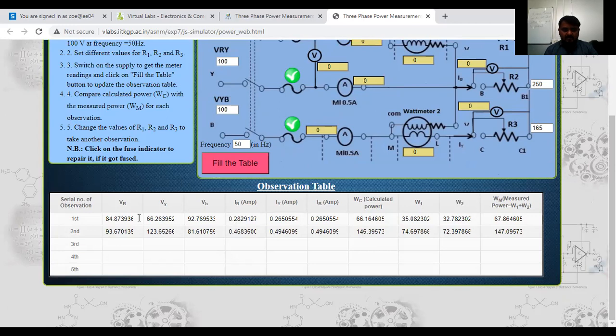VR IR plus VY IY plus VB IB equal to W1 plus W2. I'll write the formula here, and based on that we can do the calculation.